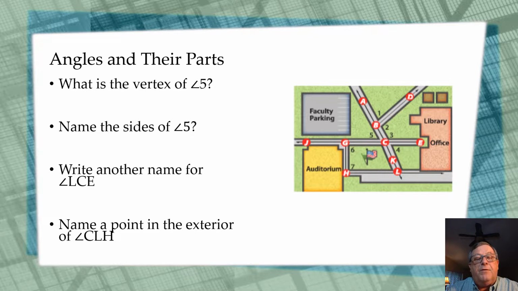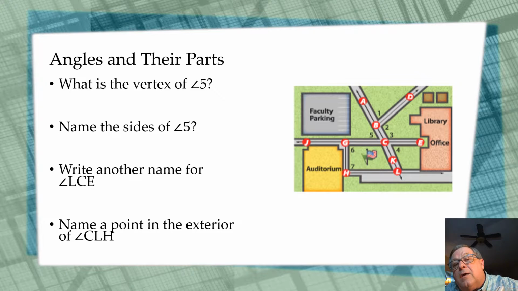We're going to have a few examples of how we would name certain angles and identify certain parts. We start off here with this diagram. This looks like a campus diagram. I don't know if these are streets or sidewalks, but it says, what is the vertex of angle 5? Well, let's see where angle 5 is.